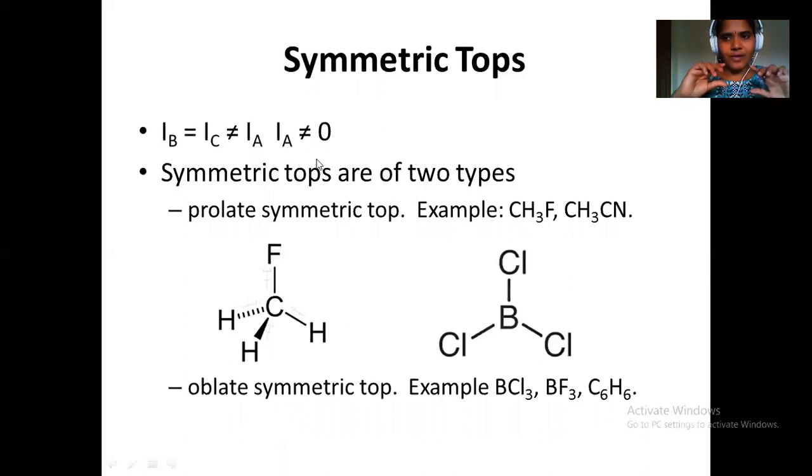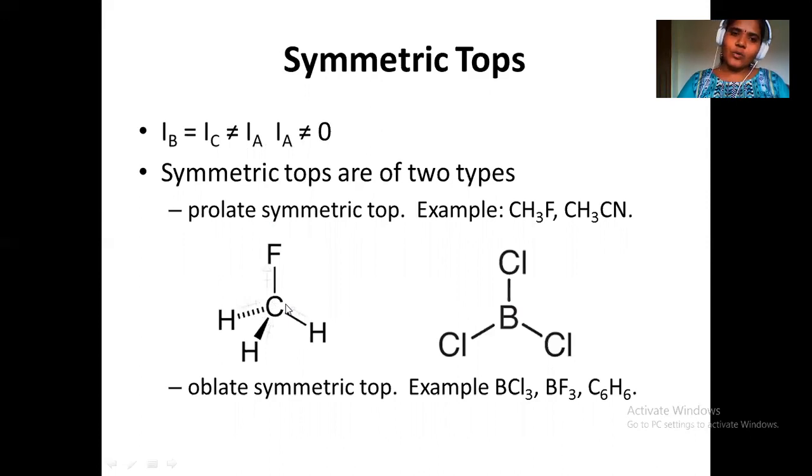Another thing is, when I rotate end over end, the fluorine comes downward and the three hydrogens move upward. That end over end rotation also has some inertia, but it is not equal to IA. So for symmetric top molecules, IB is equal to IC, which is not equal to IA, where IA is also not equal to 0, because the three hydrogens change their position.